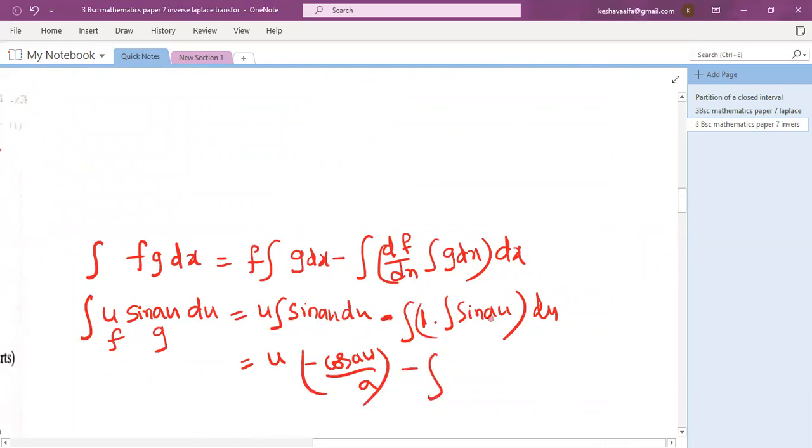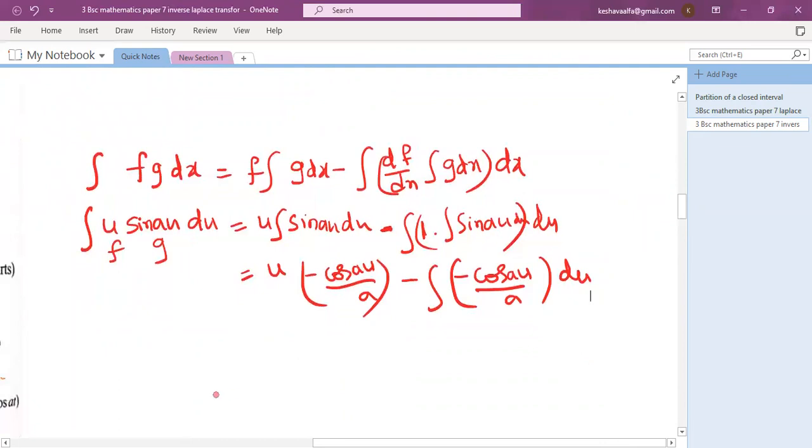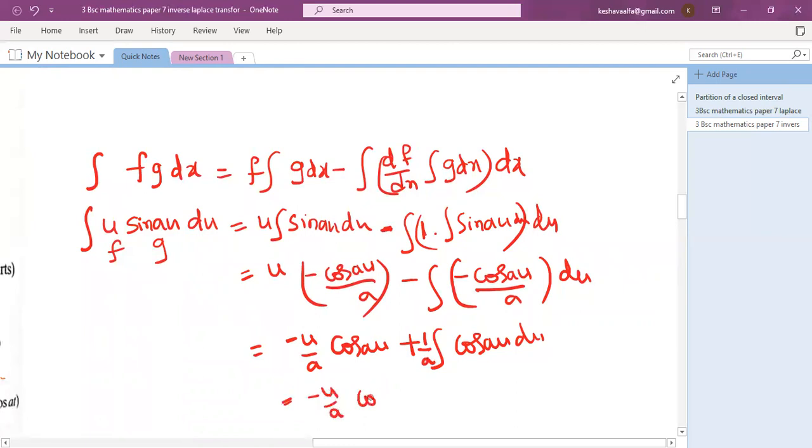Minus integral of minus cos a u by a du. Next term, that is equal to minus u by a cos a u, minus into minus, plus integral cos a u du. 1 by a you can write outside. That is minus u by a cos a u plus 1 by a. What is the integral of cos? It is sin.